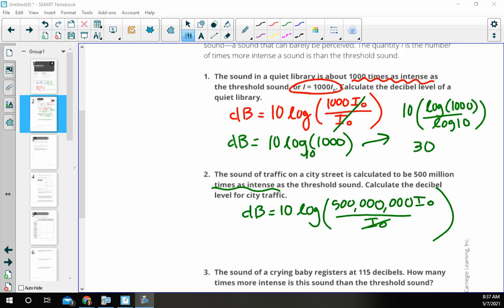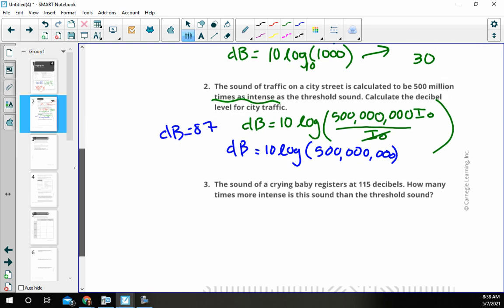All right, so then we have our dB is equal to 10 log of 500 million. Okay, so you can get your change of base, log of 500 million divided by log of 10, and then multiply that times 10. Okay, we should be getting 87 for our decibel level.